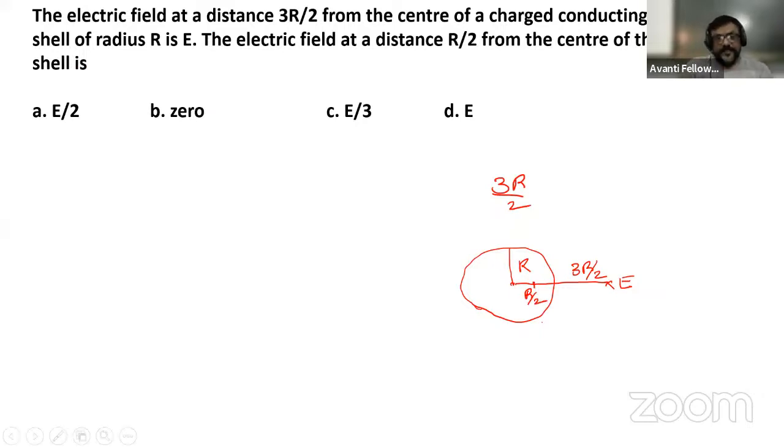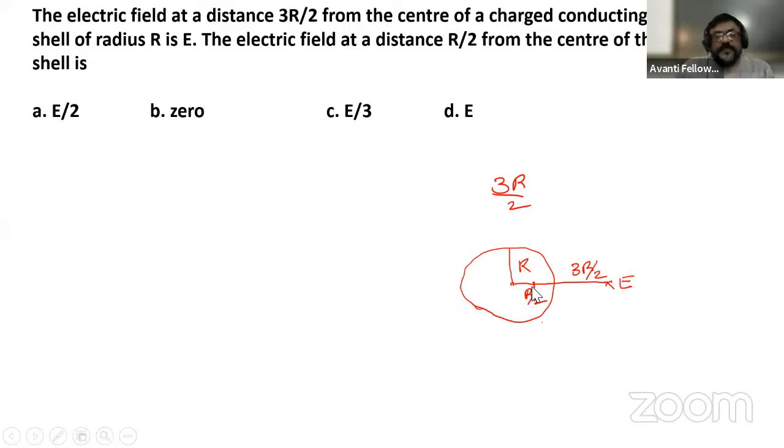So how do you find the answer? Remember that it is a spherical shell. It's a tricky question. What will be the answer? Is it E by 2, 0, E by 3 or E? We learned the properties of the electric field due to a spherical shell as an application of Gauss theorem. The electric field exists outside the shell, but at all points inside the shell the electric field is 0, because the entire charge is on the surface of the spherical shell.